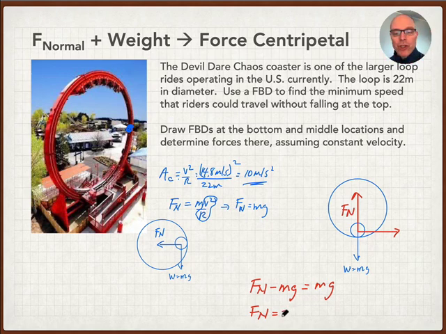It should feel like 2 mg, and you should feel twice as heavy as you normally would. Okay, so all that should help set us up for the very last example, where we take a look at a dip and a bump on a road, really similar to roller coasters, except for the fact that they're different. Okay, so let's check it out and wrap it up together.